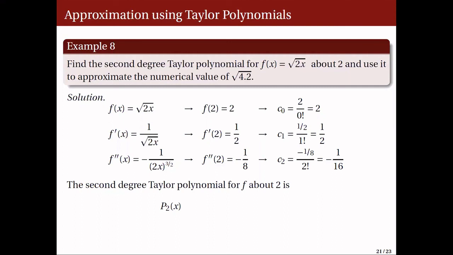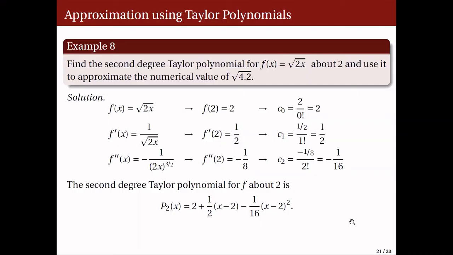Therefore, the second degree Taylor polynomial for f about 2 is given by p sub 2 of x, which is equal to 2 plus 1 half times x minus 2 minus 1 over 16 times x minus 2 squared. So this is now the second degree Taylor polynomial for f about 2.